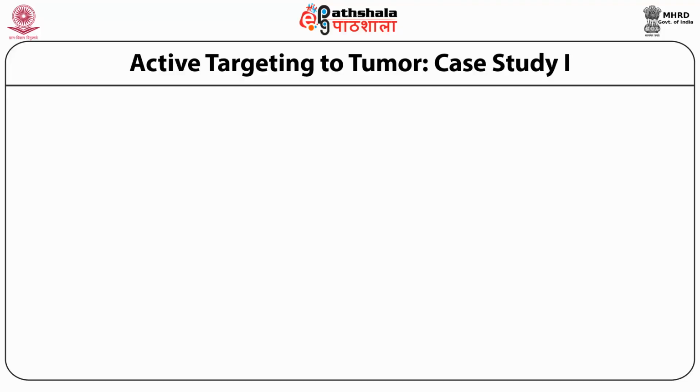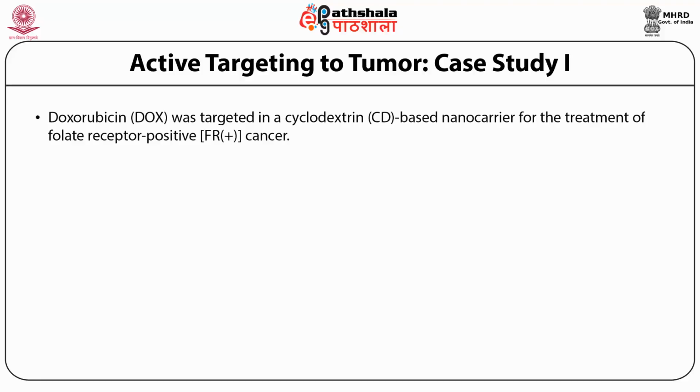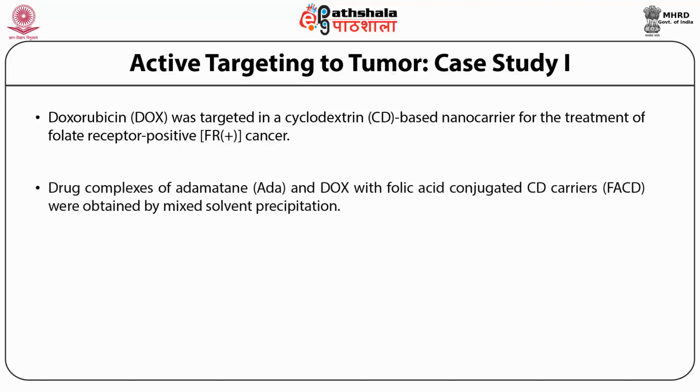In this slide, we will present a case study of doxorubicin targeting using a cyclodextrin-based nanoparticle system. In this system, a strong affinity towards the folate receptor has been presented. A hydrophilic folic acid conjugated cyclodextrin complex was designed, and the doxorubicin entrapped adamantane complexes were further conjugated with the folic acid based cyclodextrin complex using a mixed solvent precipitation method.